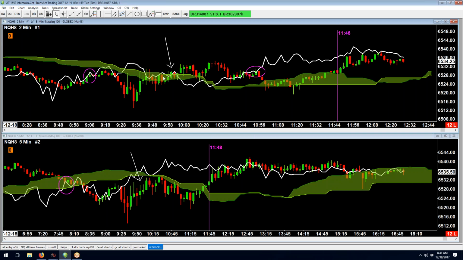That's pretty much what happened here. You see it got stuck. It gets stuck, pulls back, and then it does manage to get out up here. You can see it here and here.